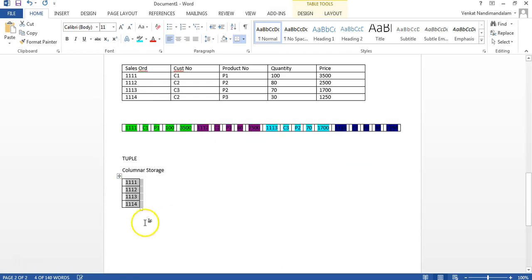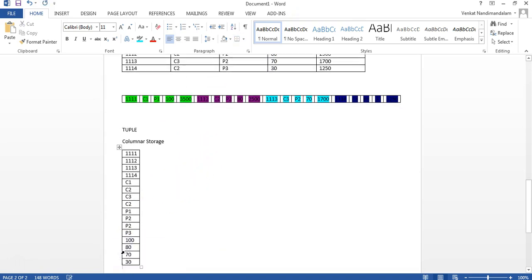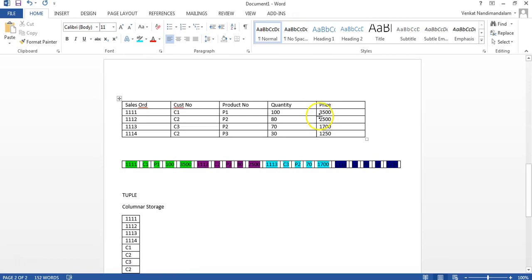Let me auto fit to contents. And then you have got the next tuple, which is customers. Okay, and then the product. And then the quantity. And then the price.